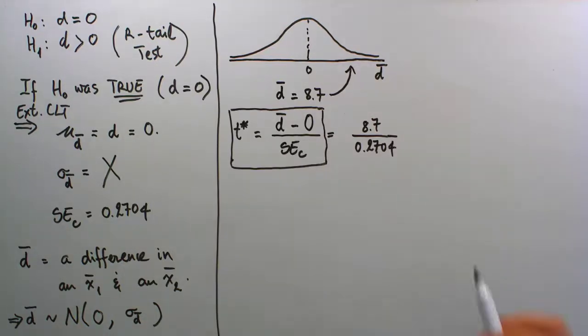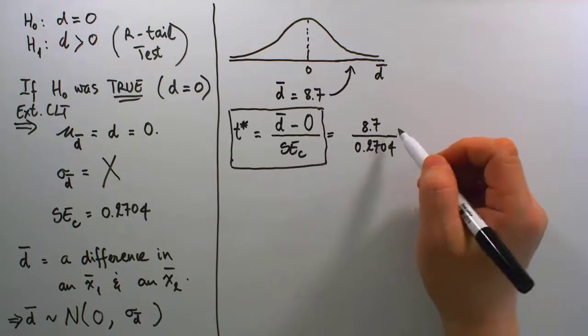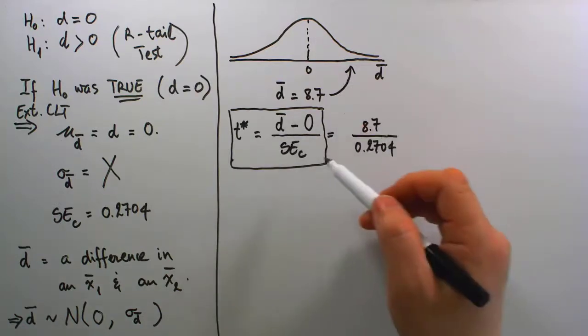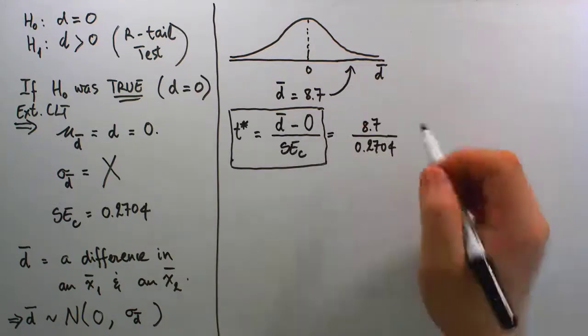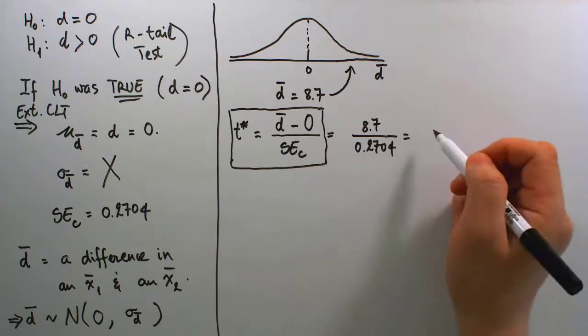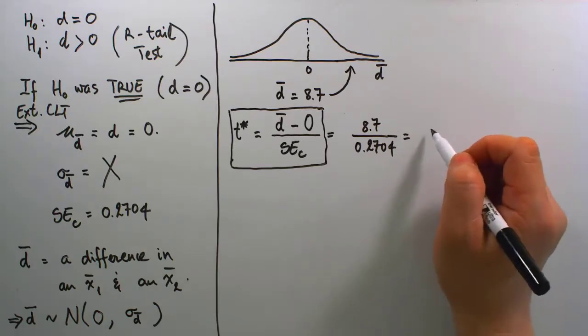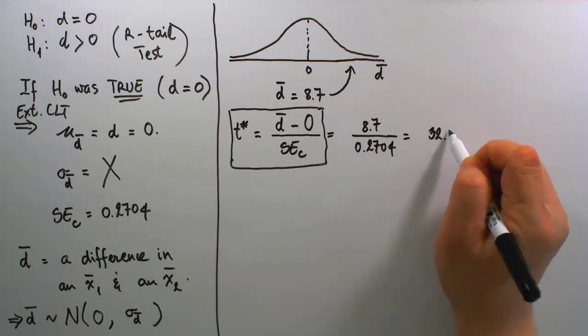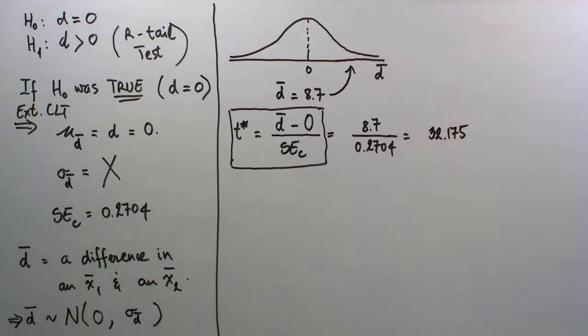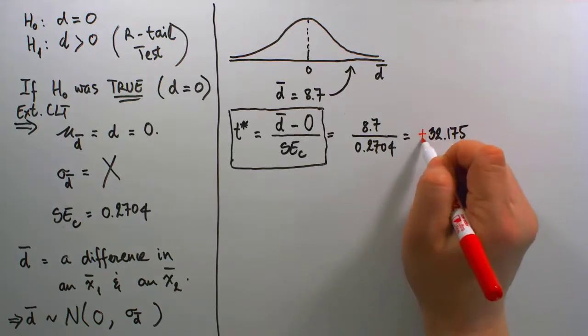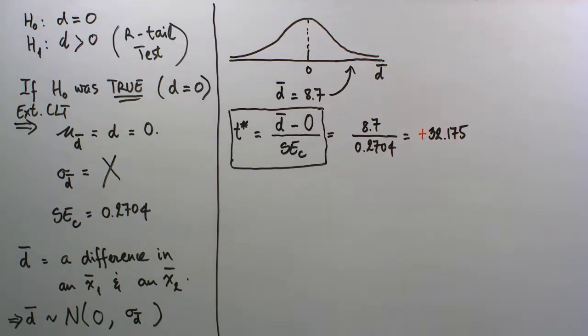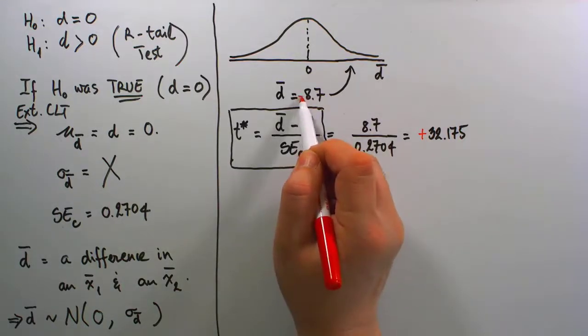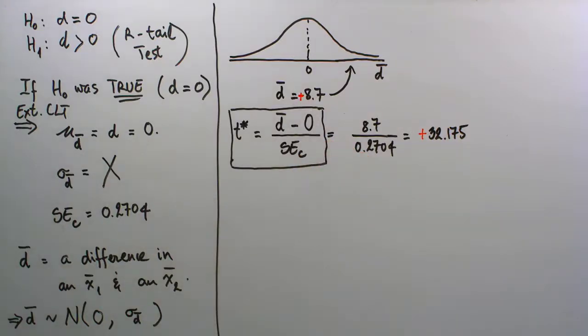I don't need to worry much about the calculation because everything is just the opposite of the result we found in part A. In part A, it was a negative 32.175, and here it is now going to be positive 32.175 as our t-score. And yes, I should have also put that positive sign in red ink as well.